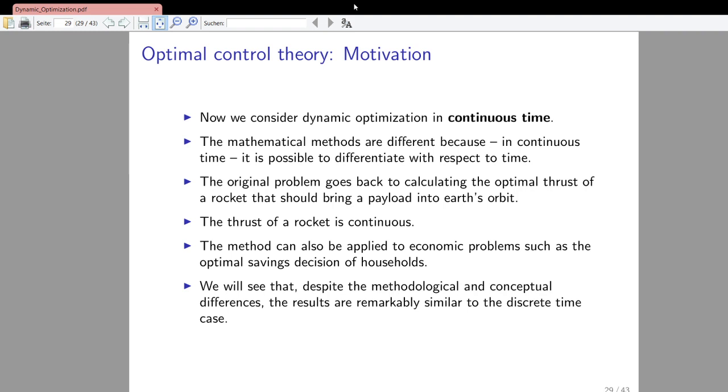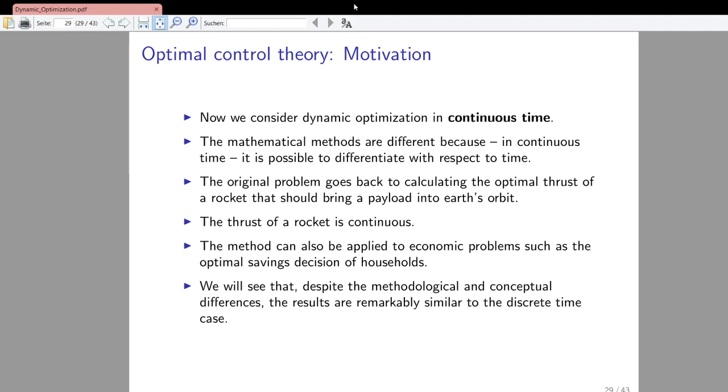And interestingly, most economic problems in terms of consumption savings decisions have lots of similarities with the problem of setting optimal thrust to a rocket that has to bring a payload to Earth's orbit. And we will also see, for example, that one of the side constraints, the transversality condition, also has a similar interpretation.